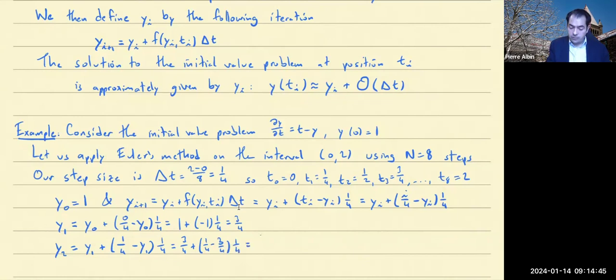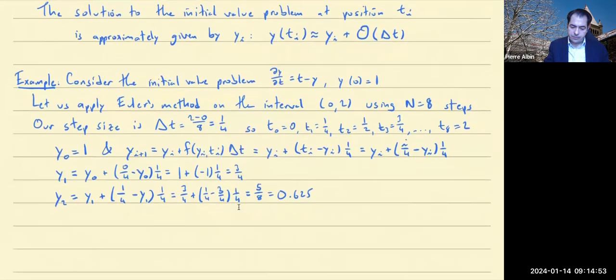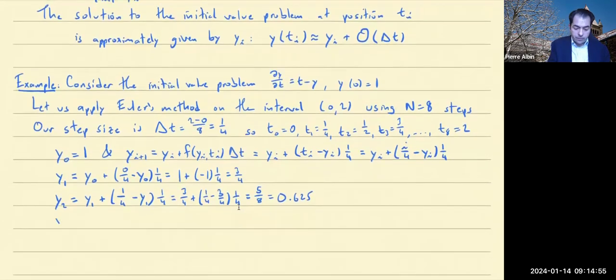So that's 5/8, or 0.625. y3 would be y2 plus (2/4 minus y2) times 1/4.